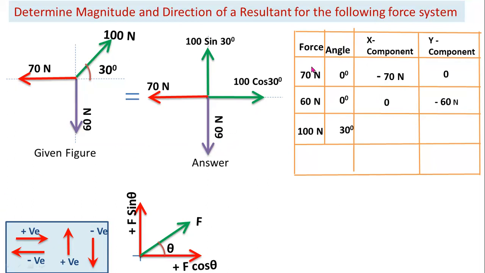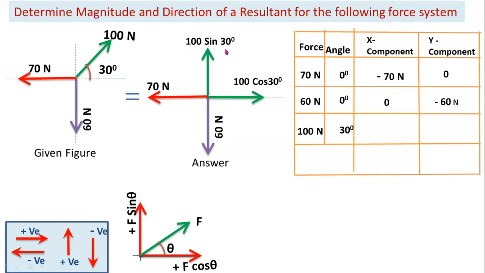Now 100 sin 30, 100 cos 30, these two are the forces for 100 newtons. Okay, so this 100 cos 30 lies on x-axis, that's why it is a x component, and this 100 sin 30 lies on y-axis.